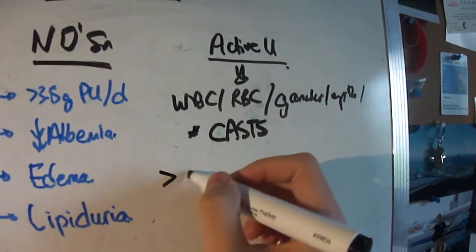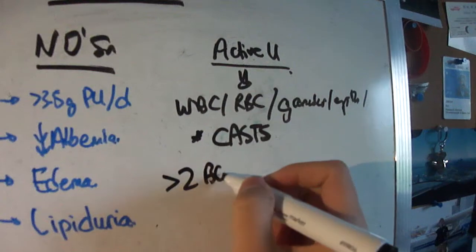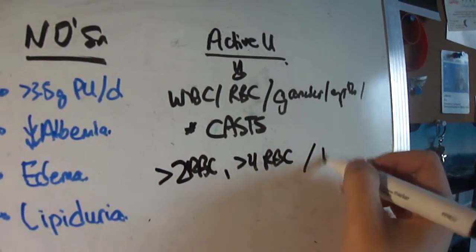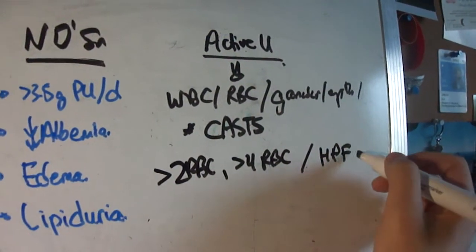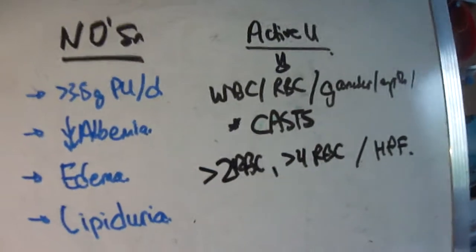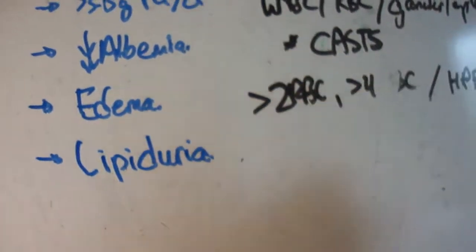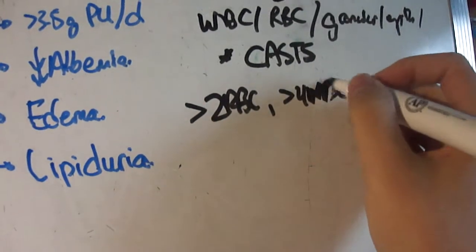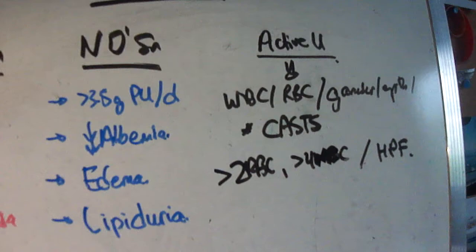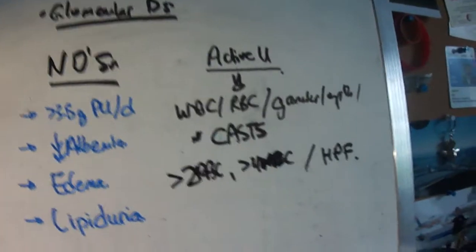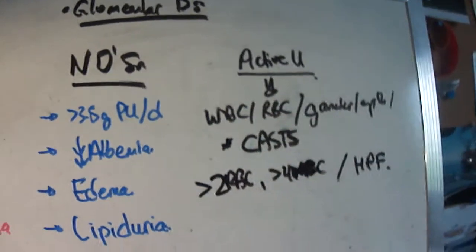So casts, or you have more than 2 red blood cells or more than 4 red blood cells per high power field on microscopy. But really, if you see RBCs or WBCs, white blood cells, in your urine, then you know it's active. And when you see casts, or I guess the different cells in the casts, then that's active.